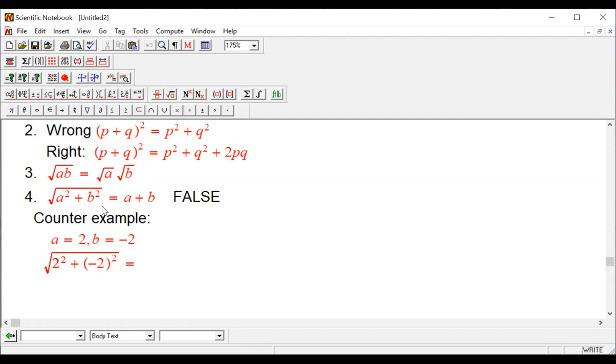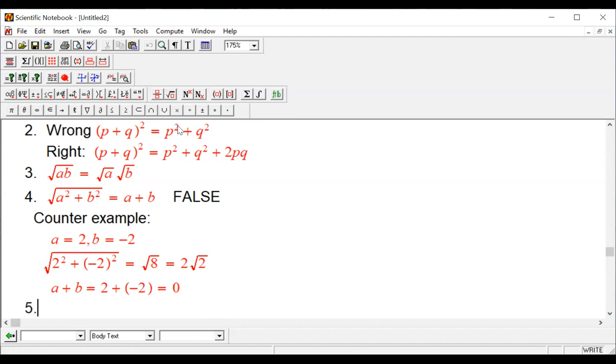So the left-hand side equals the square root of 2 squared plus (-2) squared, that's going to be the square root of 8, and that equals 2 times √2, but a plus b is 0 in this case. A plus b is 2 plus -2, that's equal to 0, right? So that's not true, false.